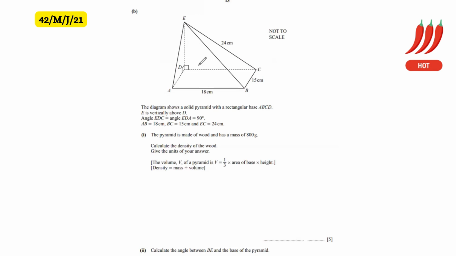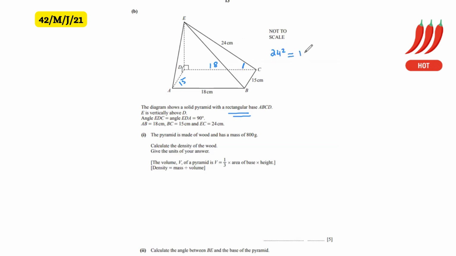And for the height, we know this is also 18 and this is also 15 because it's a rectangular base. So using Pythagoras, we can find the length of ED, which is the height. If I use this triangle, because I have the slant height over here, we have the hypotenuse, we have the adjacent to find the opposite. So we can use Pythagoras.